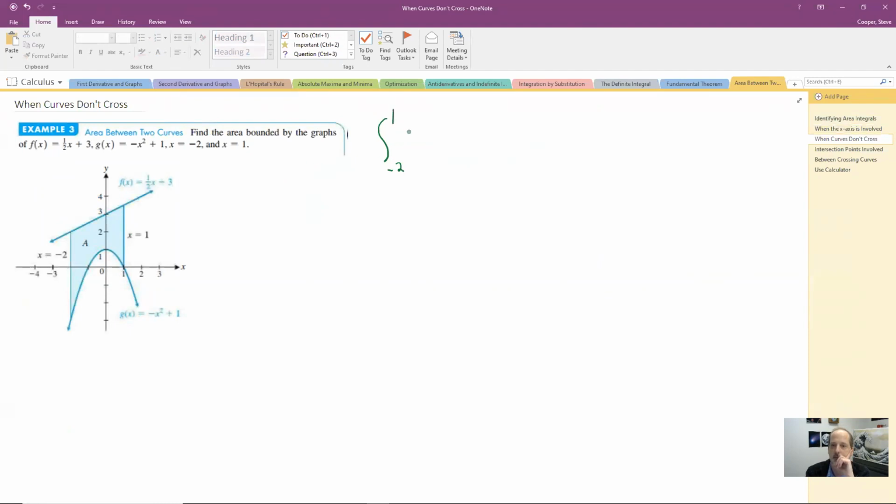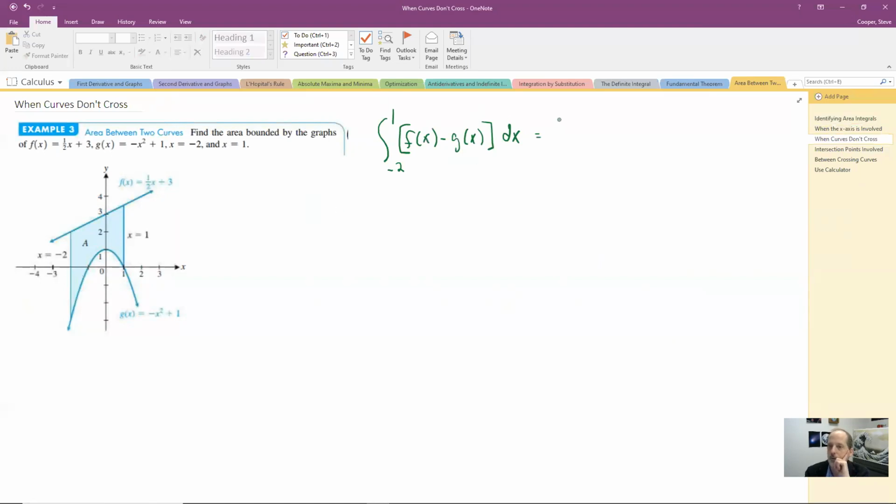And we get to use just f of x minus g of x because f of x is exclusively above g of x during that entire interval.